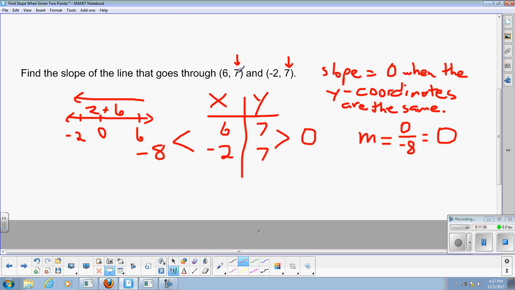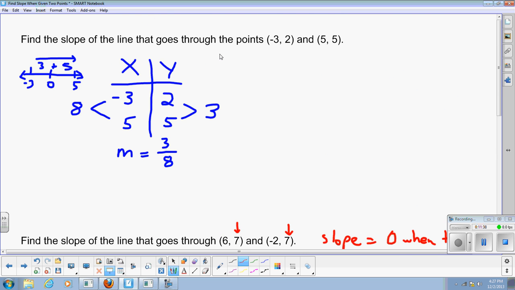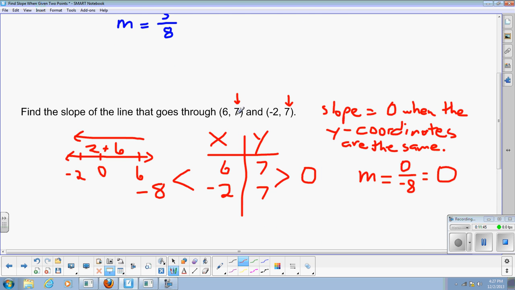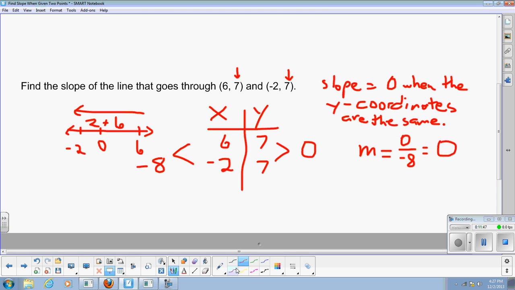So y coordinates are the same. Go back up here to this one. Are the y coordinates the same? No, that's why we didn't get an answer of 0 there. However, if you were to actually put this on a graph, let's take a look at a brief handmade graph here. Here's my y-axis. Here's my x-axis. Let's just estimate a little bit.